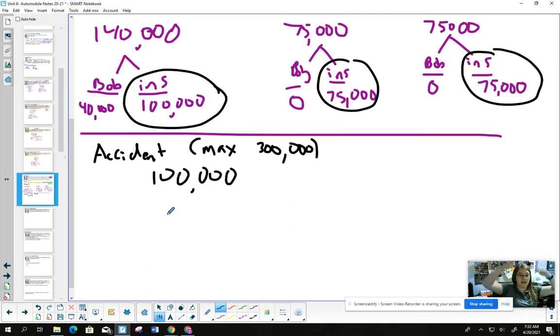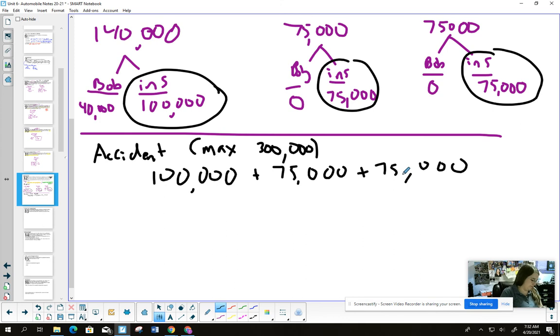But if you look at the accident and it reaches more than $300,000, the insurance company is going to go, that's where we draw the line. Sorry, you're going to have to pay the rest of whatever's left over. So let's add these three numbers together and make sure that it does not come out to be more than $300,000.